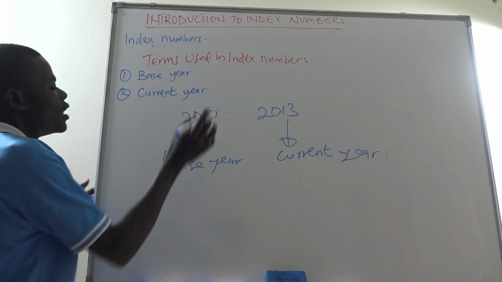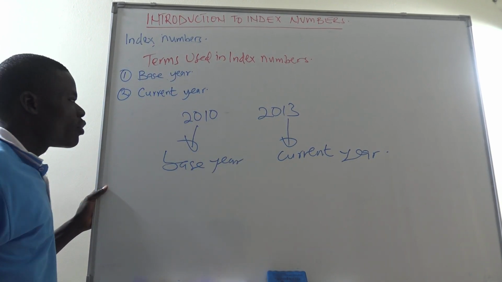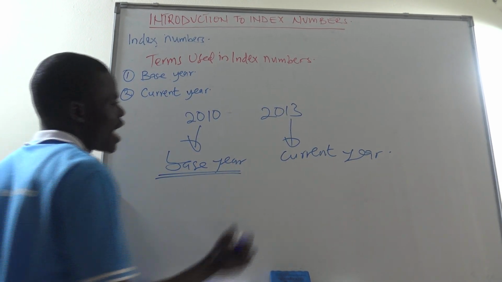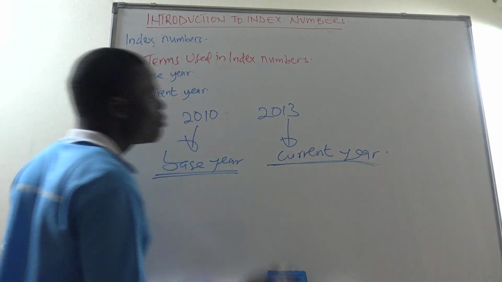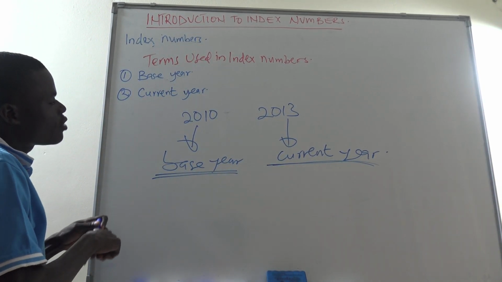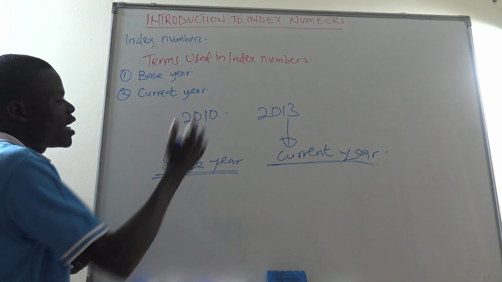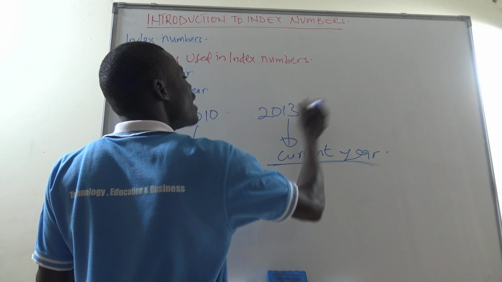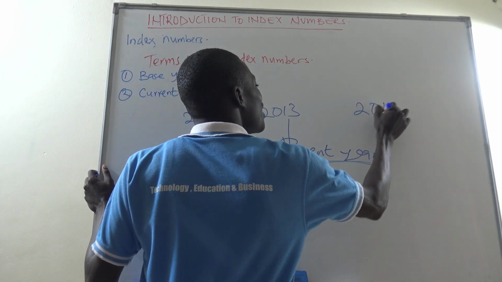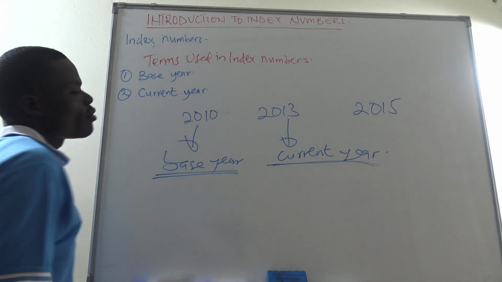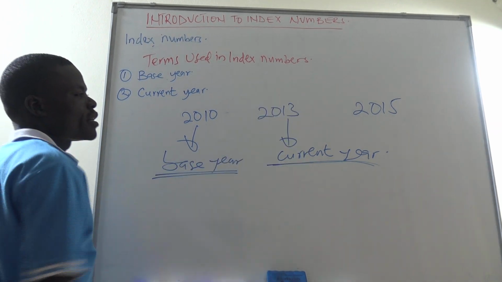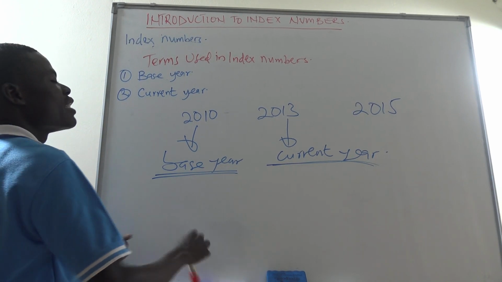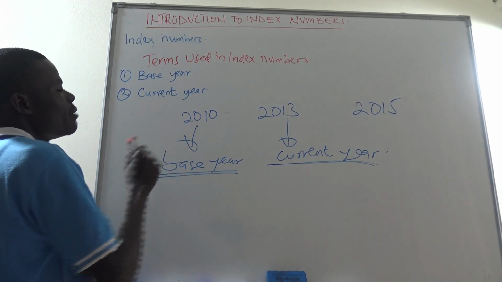So after being given any information, the first year you obtain is what we refer to as the base year, and then the second year, which they tell you to calculate the index number to, becomes the current year. But in case we have another year, maybe 2015, and they tell us to calculate the index number between 2013 and 2015, then obviously the base year and the current year will not remain the same.